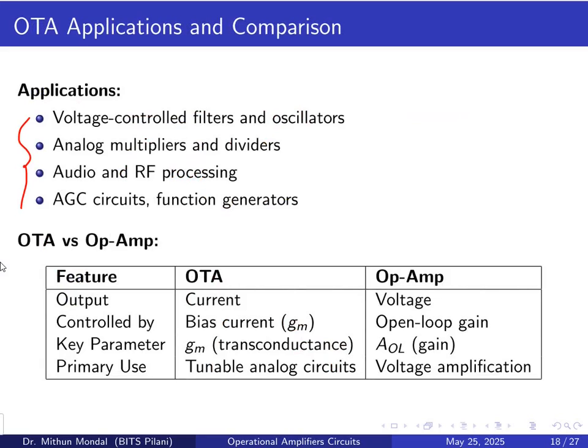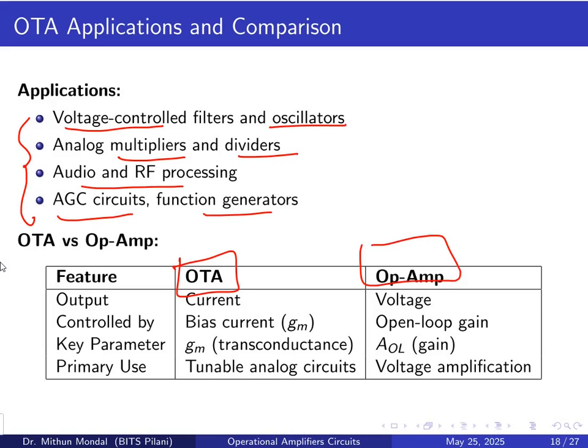So the applications of these OTAs are basically voltage controlled filters and oscillators, multipliers and dividers in analog circuits, audio and RF processing, AGC circuits, and function generators. And if you compare this OTA with the normal op-amp in features like output, OTA will give you the current output, op-amp will give you the voltage output.